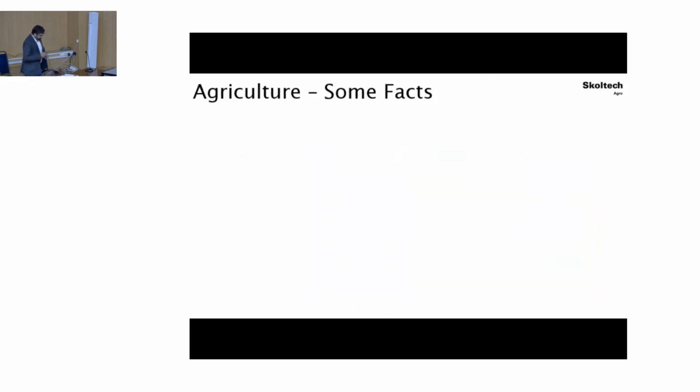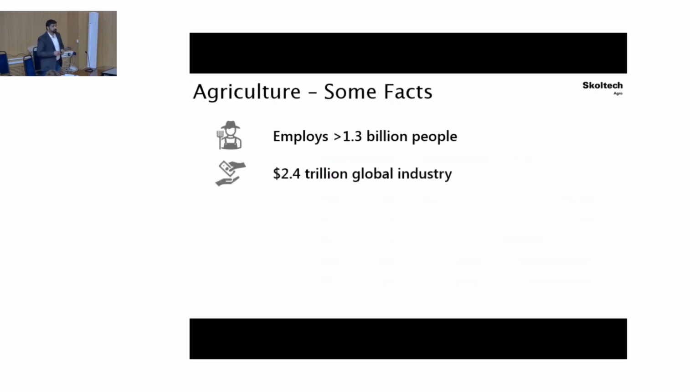So let's see some facts again, going back to the background. Agriculture employs worldwide more than 1 billion people. And so it is a good source of income for a lot of people. It's a 2.4 trillion US dollar industry. But 1/3 of the food that is produced on average is wasted.